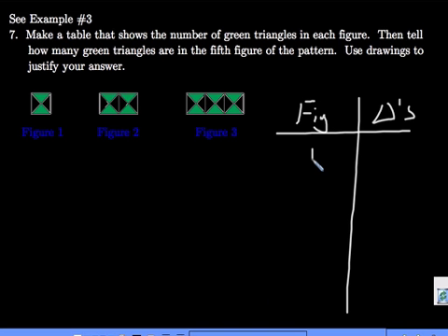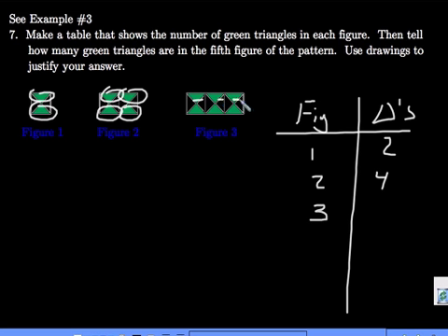Figure 1, I have 1, 2 green triangles. In figure 2, I have 1, 2, 3, 4. In figure 3, I have 1, 2, 3, 4, 5, 6.